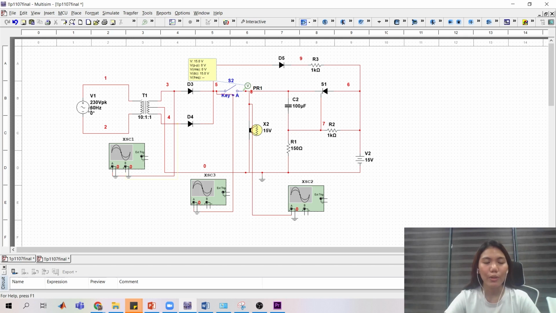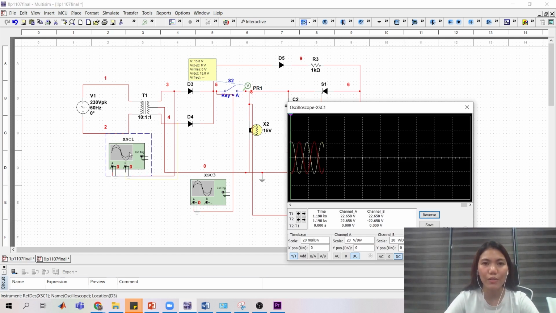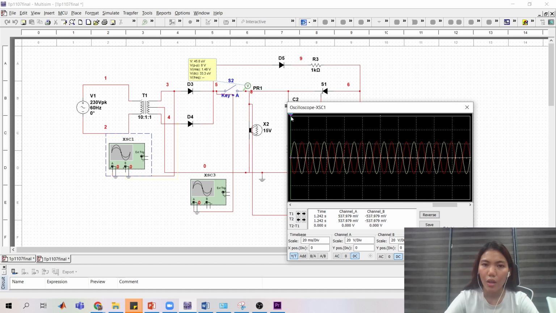First, our 230 volts will be transformed by our center tap transformer. The approximate value after the transformer will be 22 volts. That voltage will be applied to our circuit.